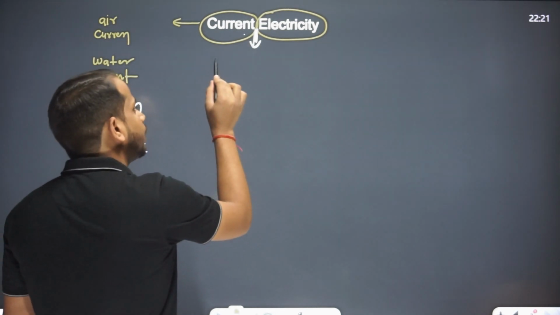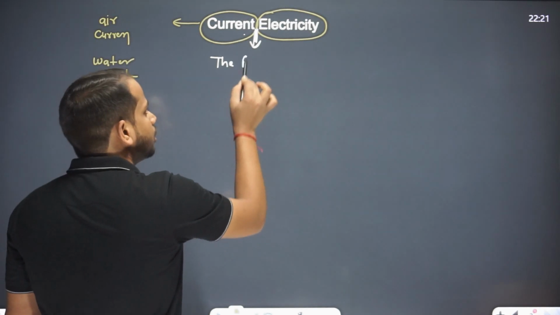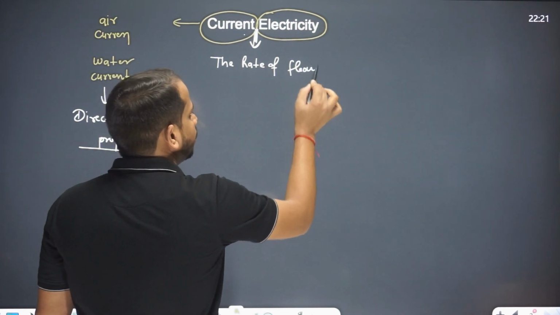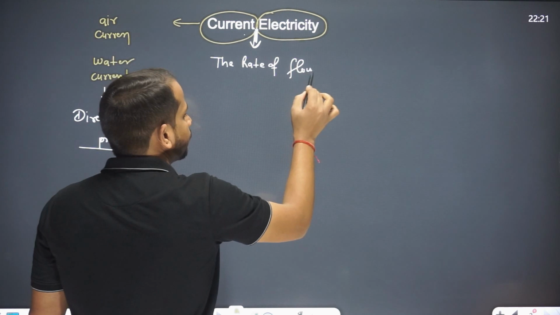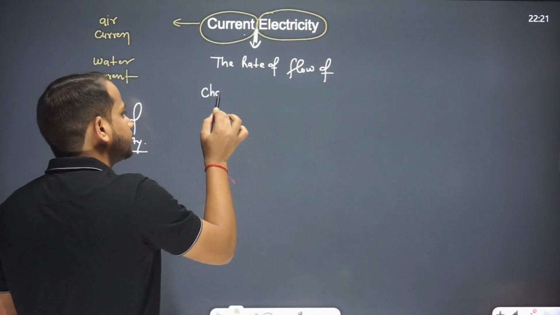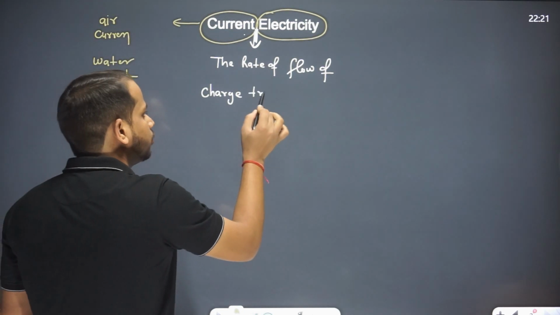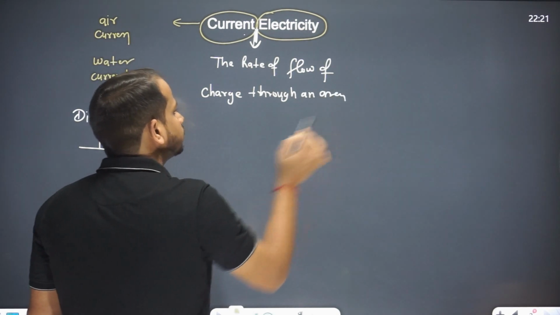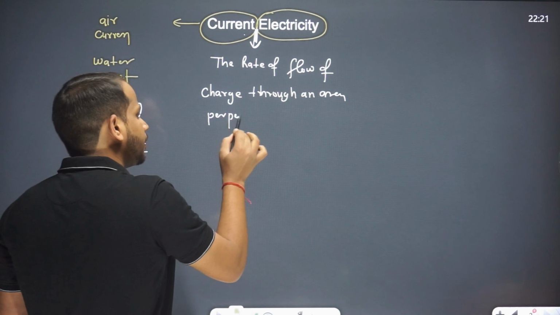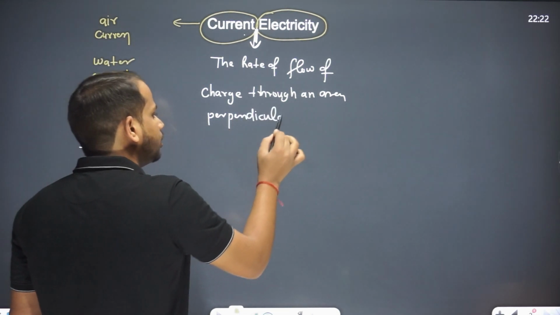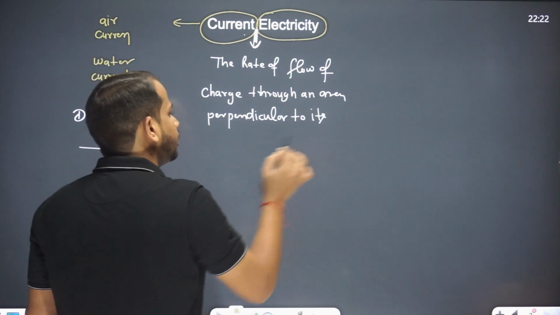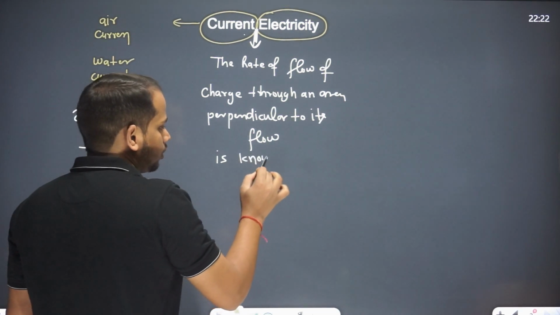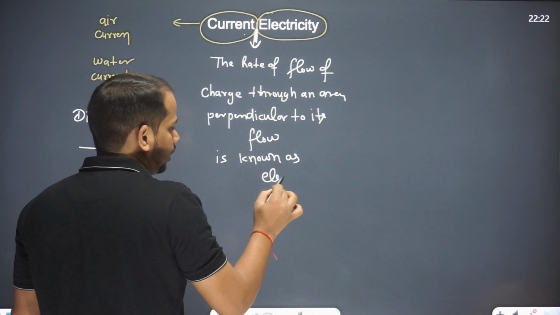It is defined as the rate of flow of charge through an area perpendicular to its flow, known as electric current.